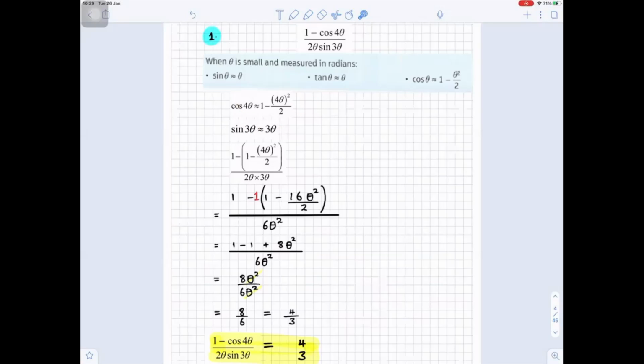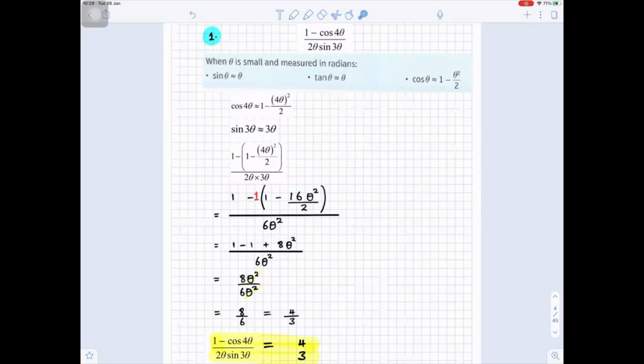So the numerator now would be 1 minus bracket 1 minus (4 theta) all squared over 2. And the denominator would have 2 theta times 3 theta, because sine 3 theta is now 3 theta.